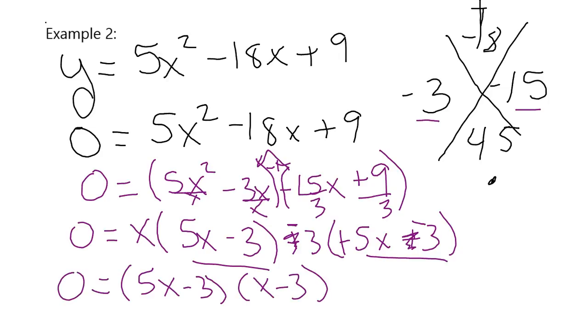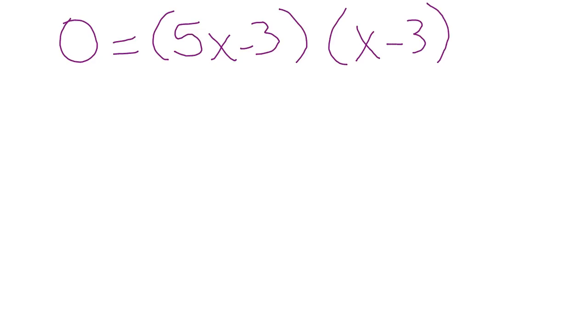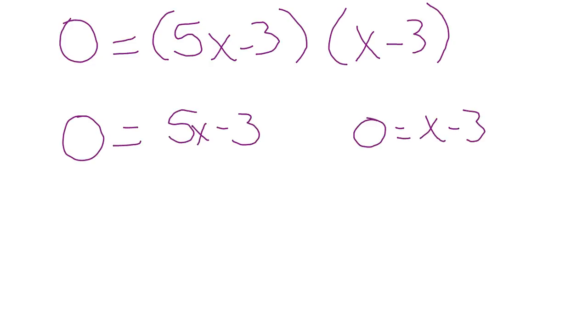And we set each of those equal to 0 in order to get our answer. So I'm going to take 0 equals 5x minus 3 and 0 equals x minus 3, and I'm going to solve that for x in both cases. In the first case, I need to add 3 to both sides.